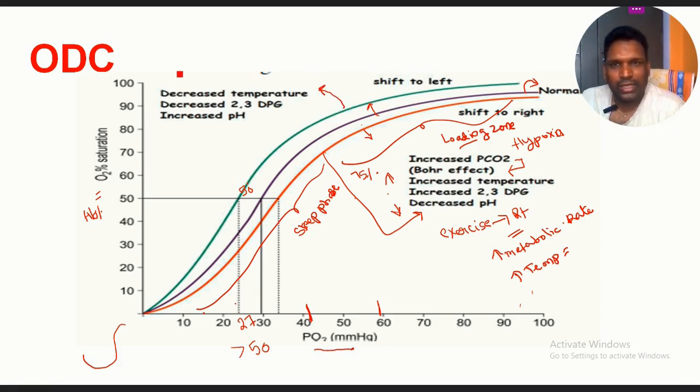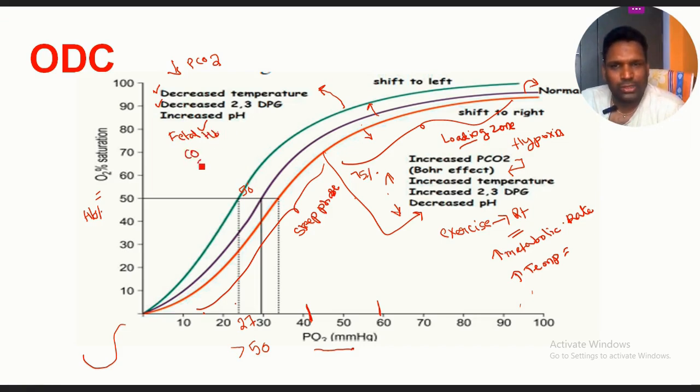These two factors cause the curve to shift towards right. The curve is shifting towards right, which means loading of the oxygen to the tissue according to the demand by the body, demand by the tissue, occurs.